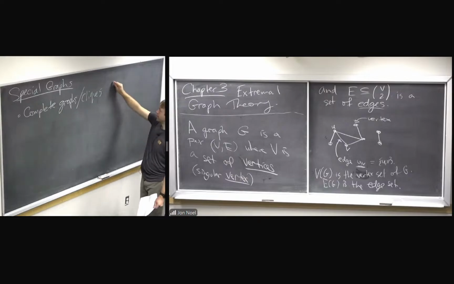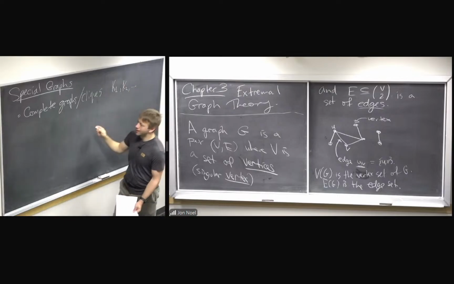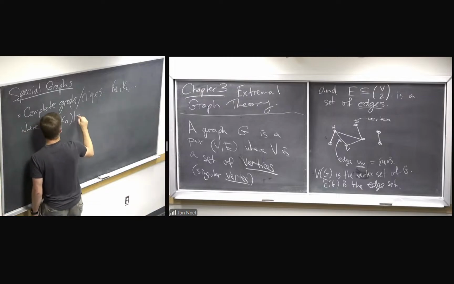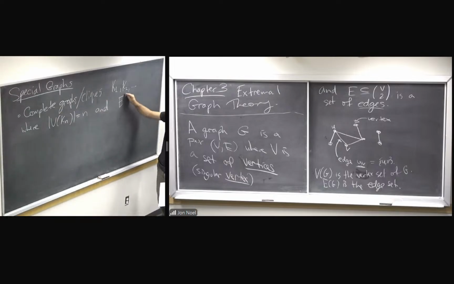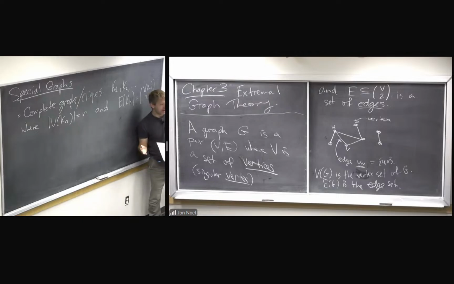The notation is K1, K2, and so on, where the number of vertices in Kn is n, and Kn has all the possible edges. So the edge set of Kn is the vertex set choose 2. Here I'm just saying the vertex set has size n. I don't really care what you name the vertices. You could call them the numbers 1 up to n, but it doesn't really matter.